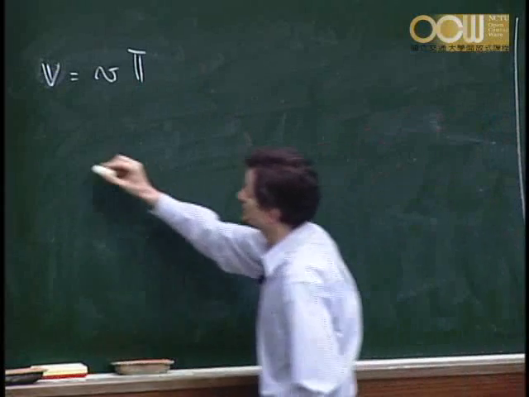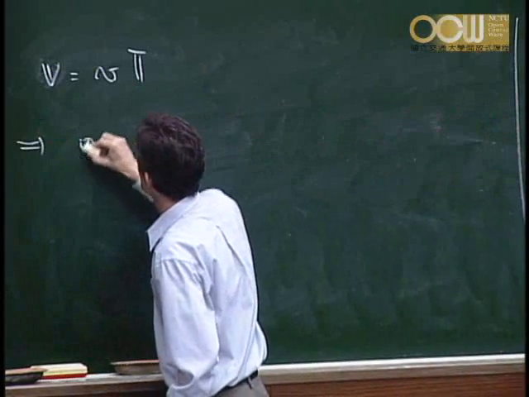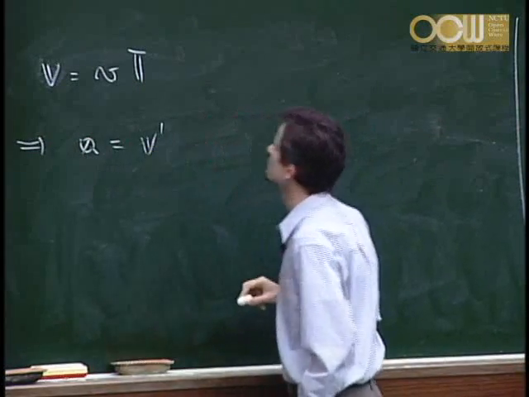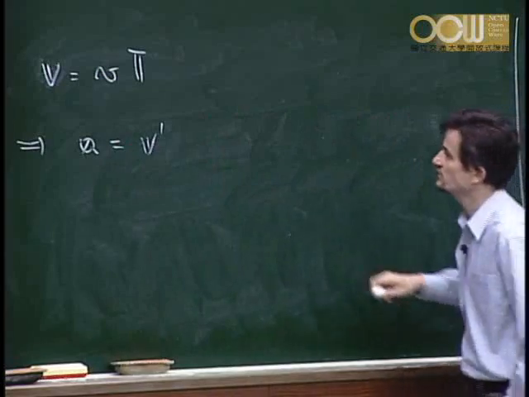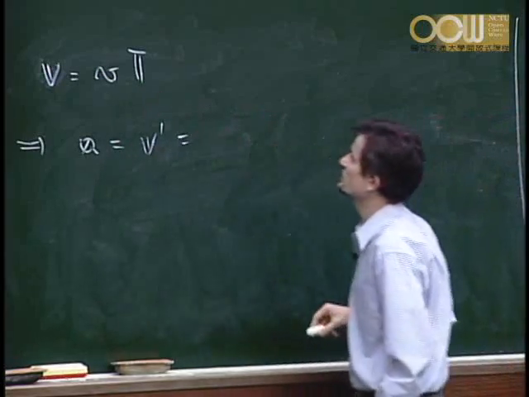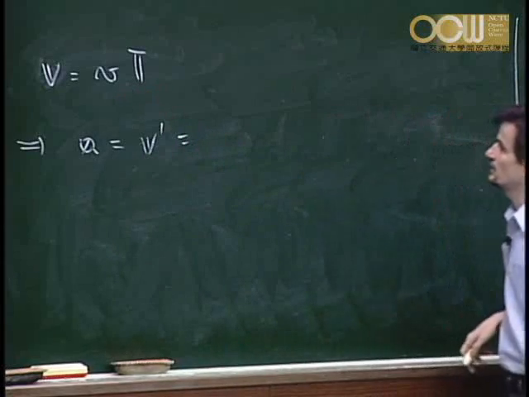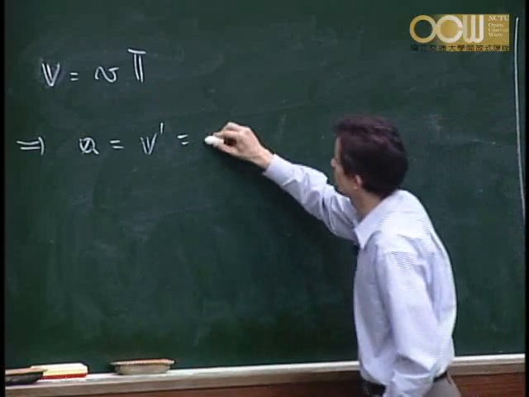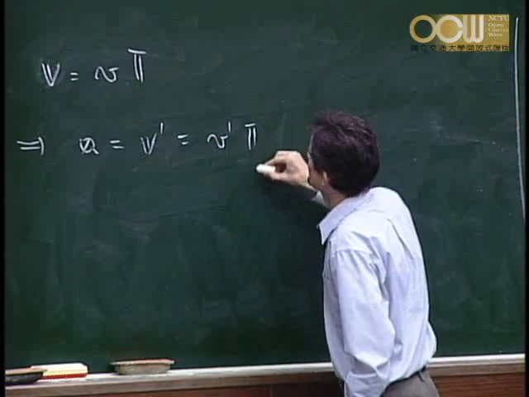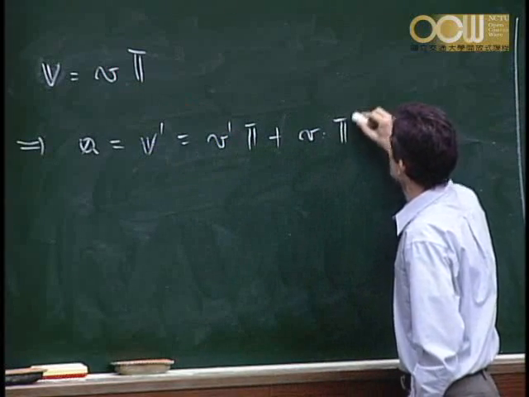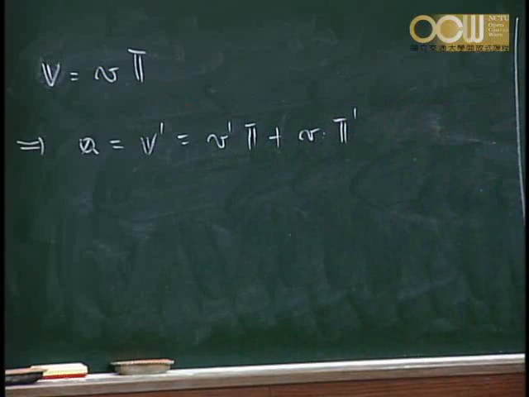Now, the acceleration is the derivative of the velocity. So I can use this here. You have to notice both of them depend on the time, so I use the rules which we have already proved. So this is the derivative of v times the unit tangent vector plus v times the derivative of the unit tangent vector.